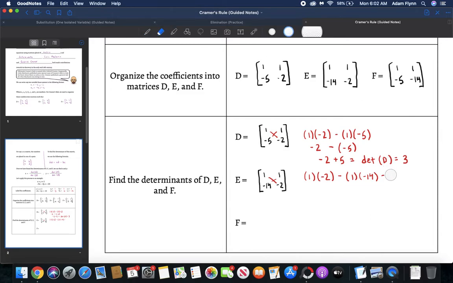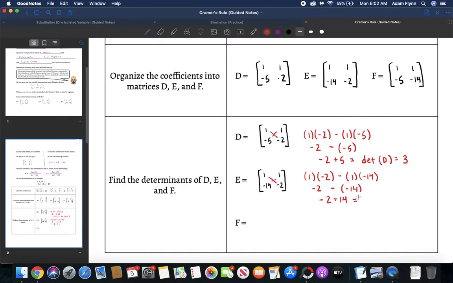Getting a little bit ahead of myself. Okay, so back to my pen. 1 times -2 is going to be -2, minus 1 times negative 14 is going to be negative 14. So now negative 2 minus negative 14, I can rewrite as negative 2 plus 14.